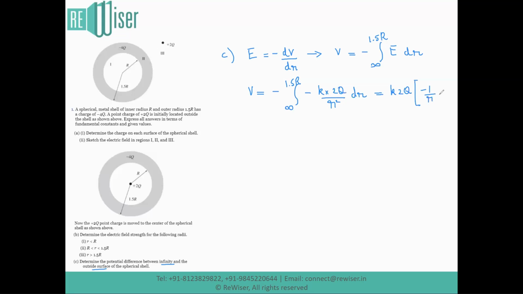So minus 1 by r under the limits infinity to 1.5 times capital R. When simplified further, applying the definite integrals, we get the final equation for potential V to be minus 4 into Q into K divided by 3 times R. This is the expression for potential.